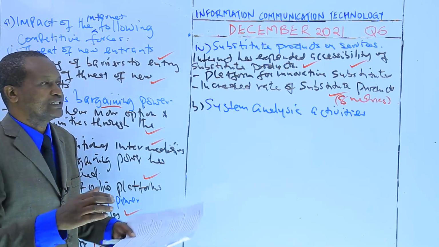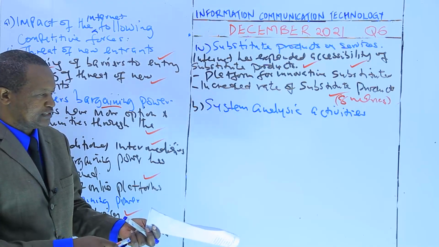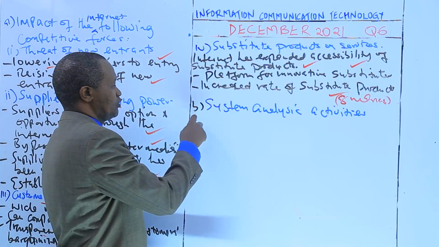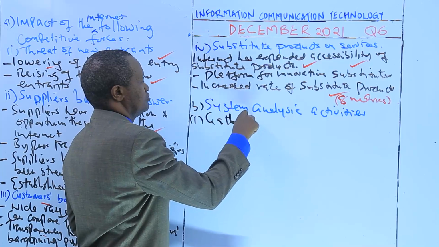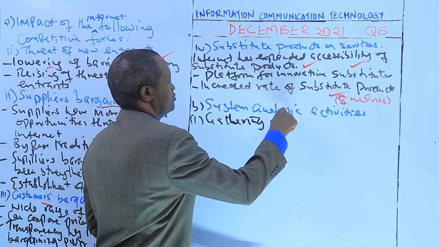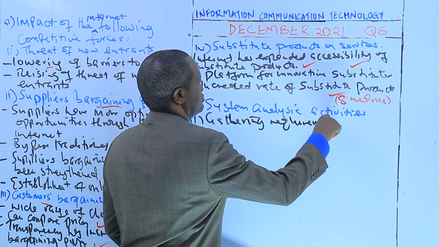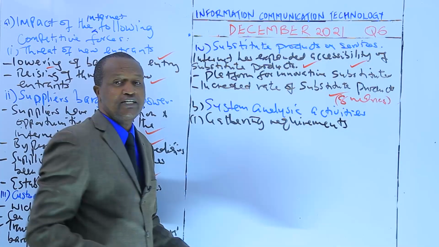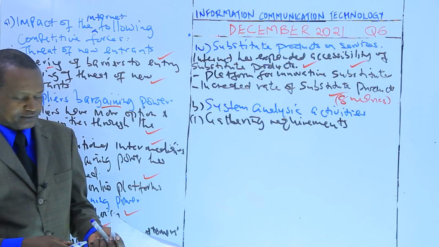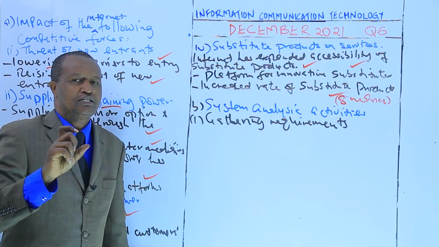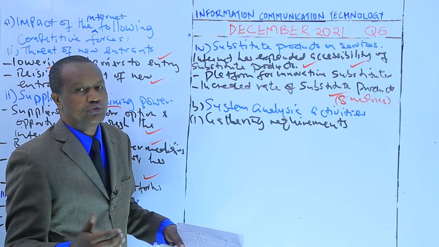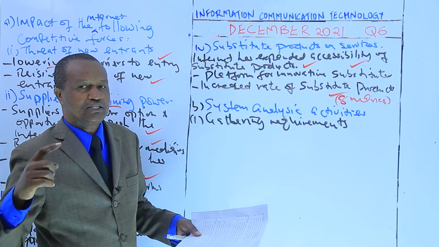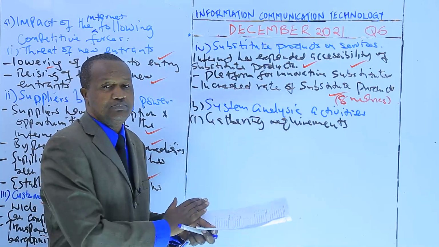The first one is gathering requirements. Gathering requirements. Number one, gathering requirements. The system analyst interacts with the stakeholders to understand their needs and gather requirements for the new system.